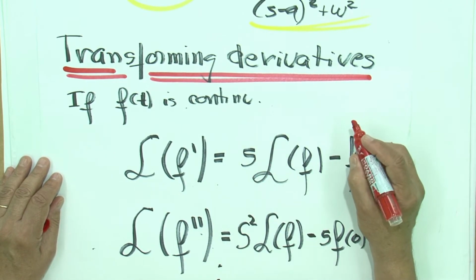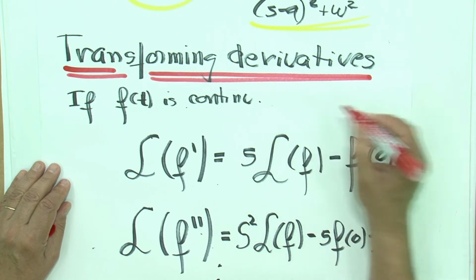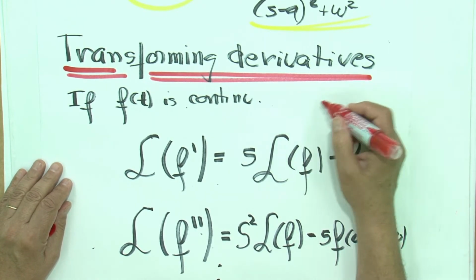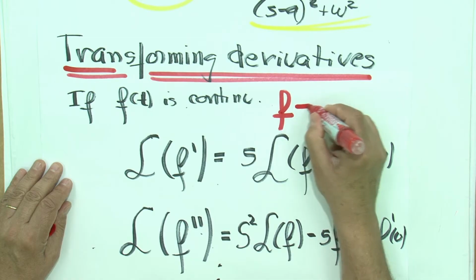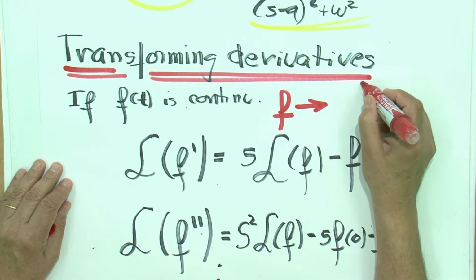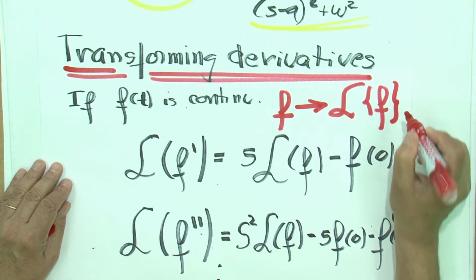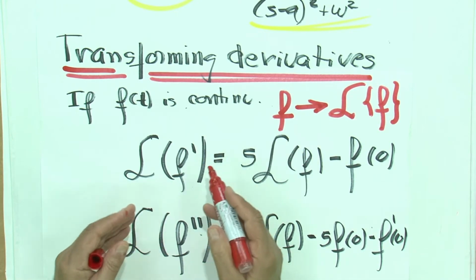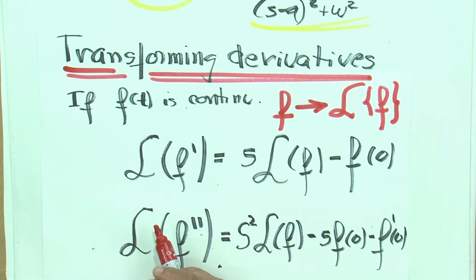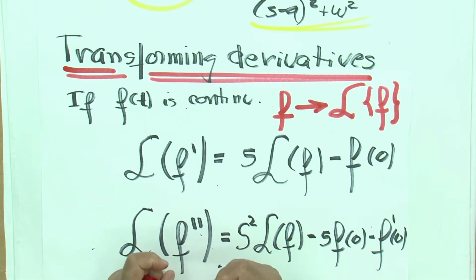By definition, we have a function. Suppose we know the Laplace transform of this function. Can we know the Laplace transform of the derivative? And the answer is yes, we can.